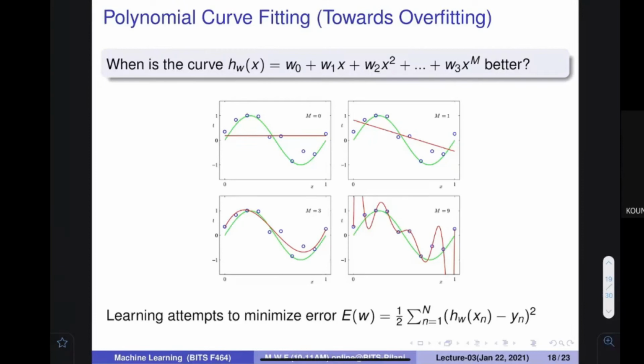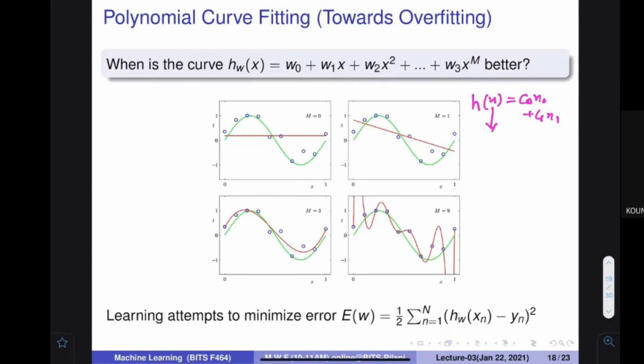Let me give you this example. It's a very interesting example. In the previous example, we were talking about when your hypothesis function given x was c0 x0 plus c1 x1, this kind of thing, plus c2 x2. Let's assume that this x is univariate, only one value, so you cannot have more terms.